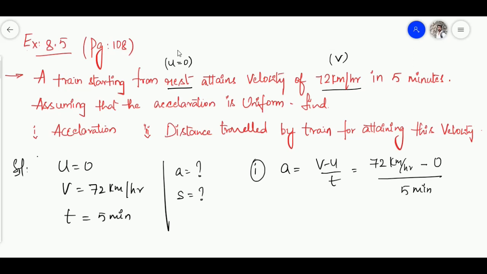Here, the problem is that the unit of time should be the same when you are plugging in the values in the formula. But here it is in minutes, and there it is in hours. What can we do? Let's make everything in meter per second. That would be better, right?